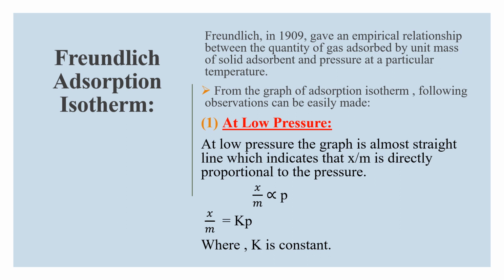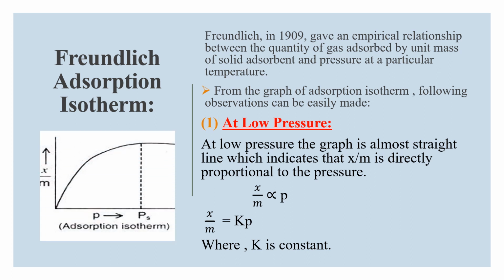From the graph of adsorption isotherm, the following observations can easily be made. At low pressure, the extent of adsorption x by m is directly proportional to the pressure, as we are talking about this region where the pressure is low.